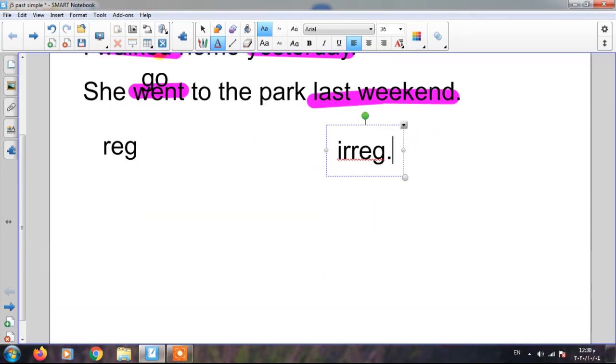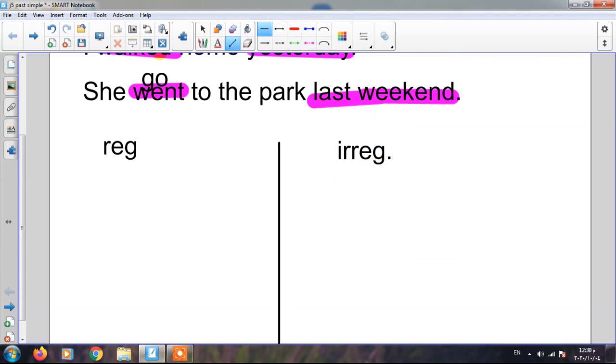How can I change a regular verb to the past? We said that the difference between the regular and the irregular is that in the regular verb, I don't change the verb. I leave the verb as it is and I just add letters, which will be d, ed, or ied. In the irregular form, I can change all the verb or change nothing, which we will see now.